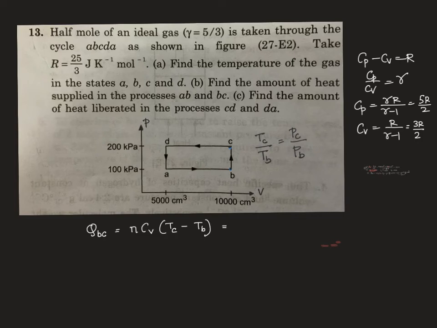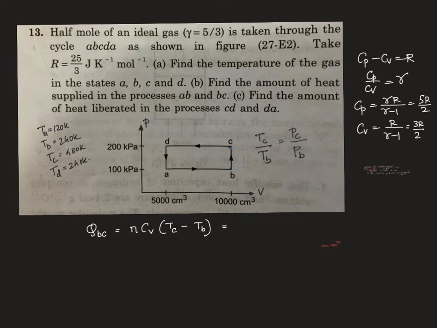It was 120, I guess. Let me write down the temperatures. TA was 120 Kelvin, TB was 240 Kelvin, TC was 480 Kelvin, and TD was again 240 Kelvin.